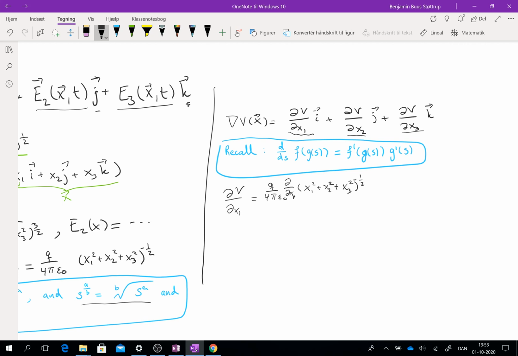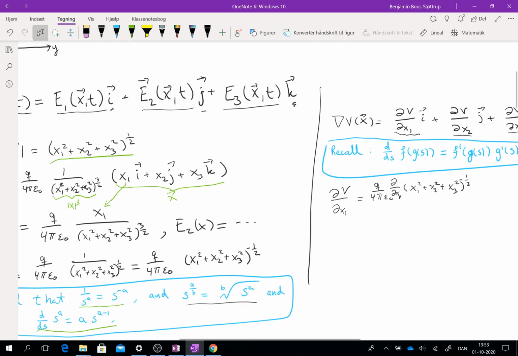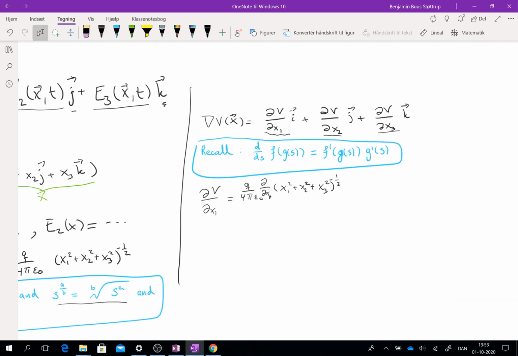So the function we're differentiating now is a composite function, where we have something like this over here, s to some power, but instead of writing s, we plug in x1 squared plus x2 squared plus x3 squared. So we have a composite function, and when we differentiate stuff like that, we have to use the chain rule in this box. So we have to differentiate first what is f in this formula.